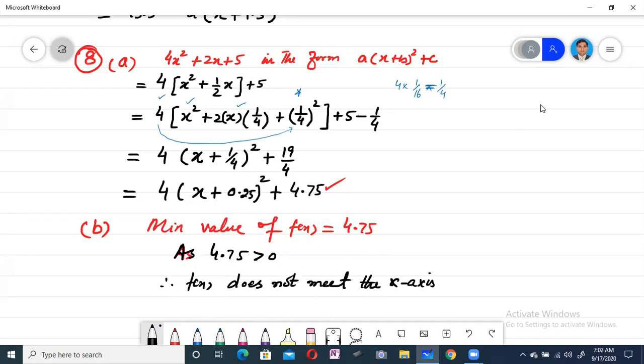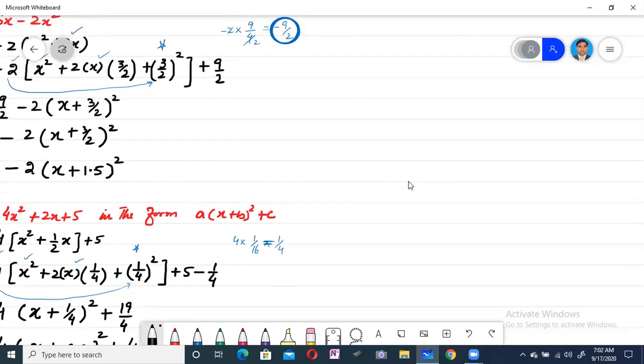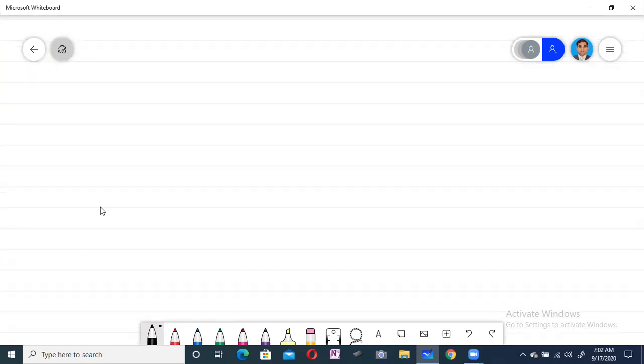Now, next question is question number 9. Question number 9 is f of x equal to 2x square minus 8x plus 1.